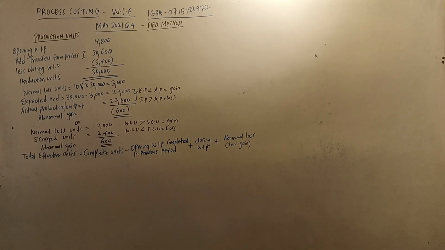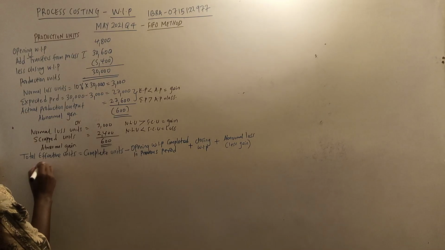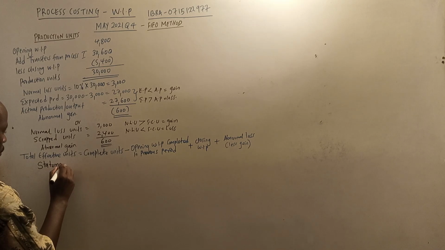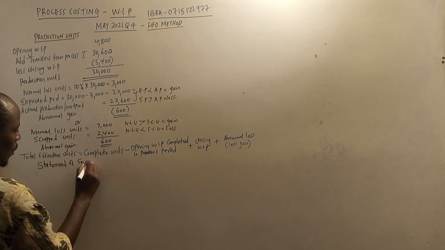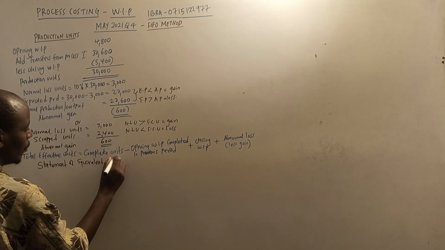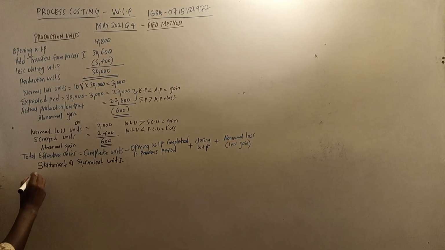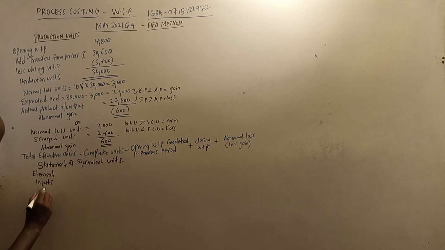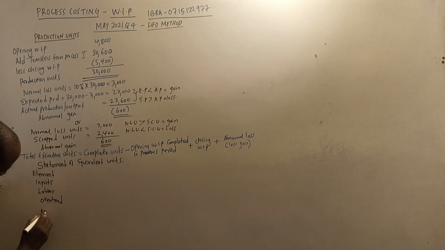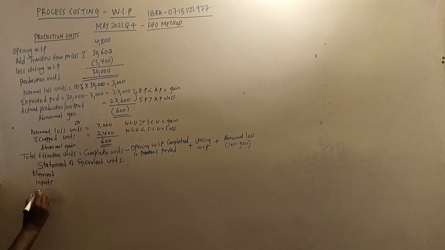So let's come up with the table, the statement of equivalent units. We have element, then inputs: material, labor, then overheads.